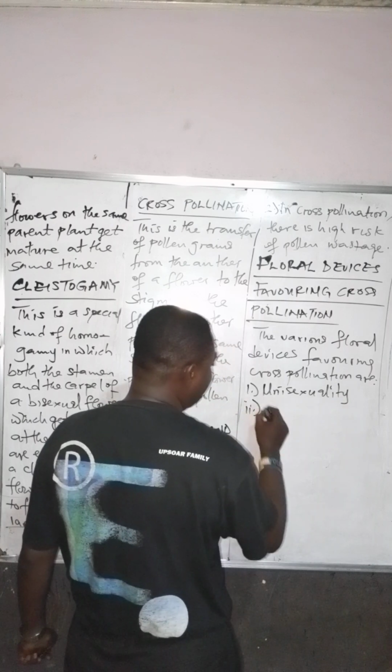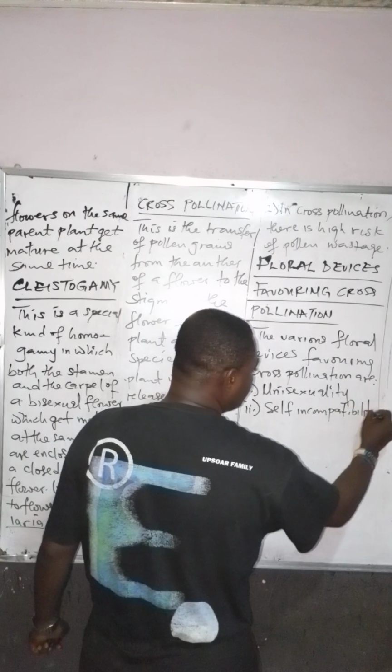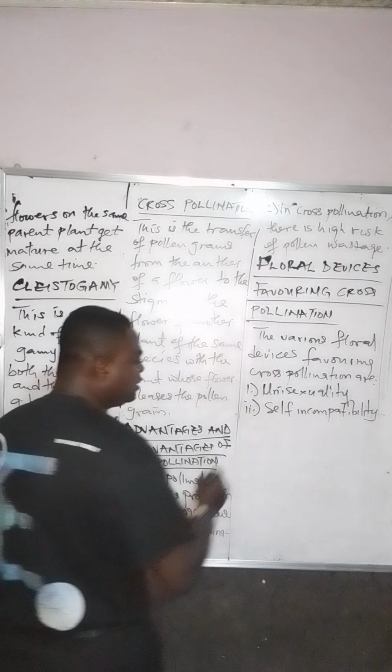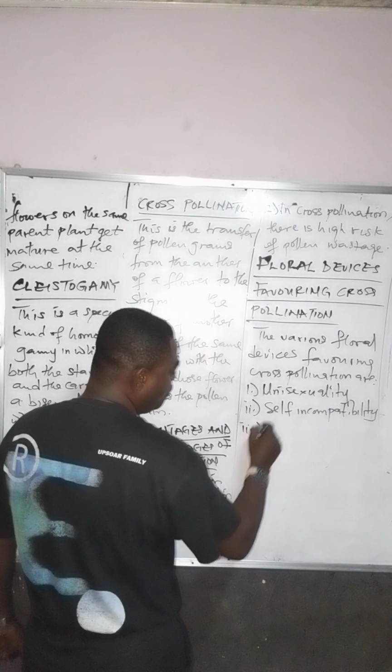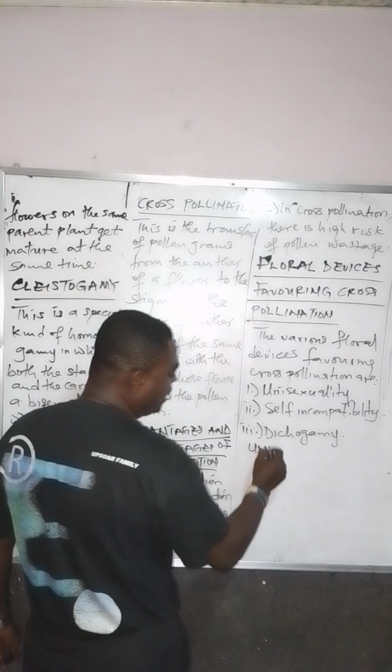Number two, we have self-incompatibility or self-sterility. Number three, we have dichogamy, the opposite of homogamy.